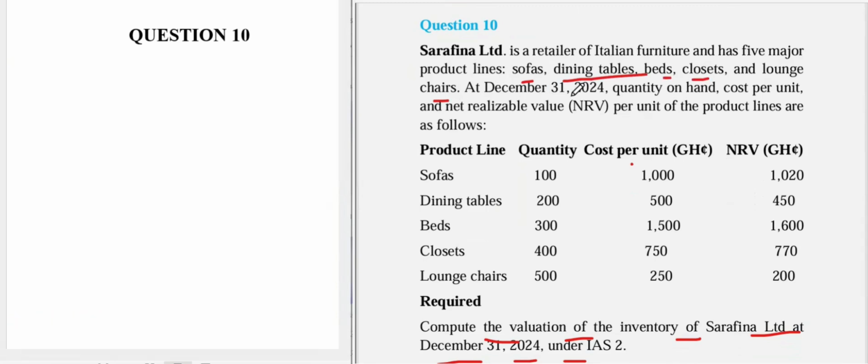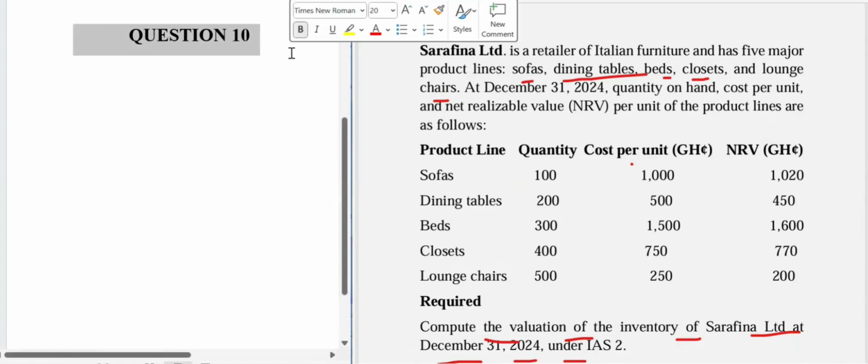At 31st December 2024, quantity on hand, cost per unit, and net realizable value per unit of the product lines are as follows. So we have the products here, right? Sofa, table, bed, closets, and chairs. Then we have the quantities, the cost per unit, and the net realizable value also per unit, right? And we are looking at the value that I have to record in the books as the value of inventory.